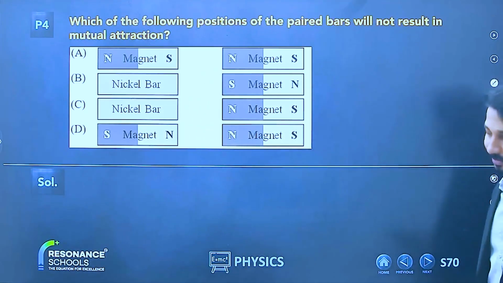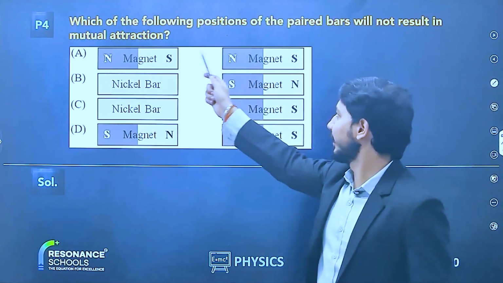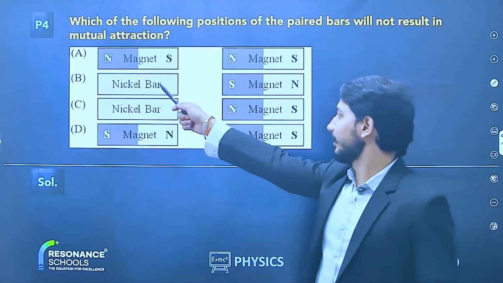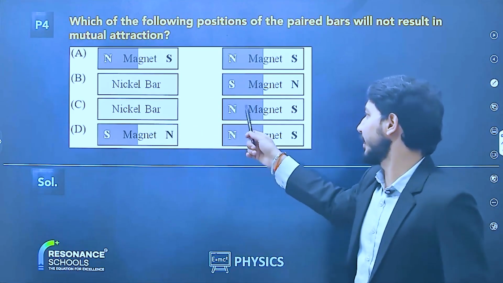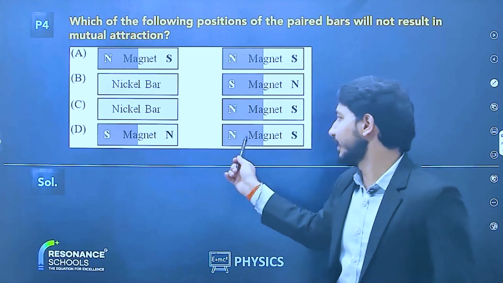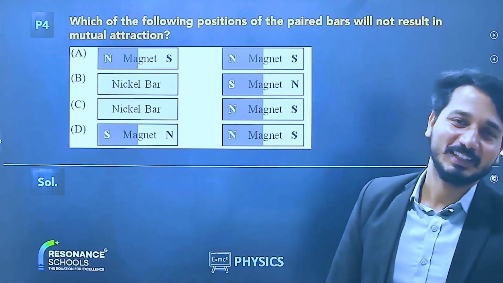Now see the options. Option A is saying it is a magnet, this one is also a magnet, they're north and south, means opposite poles. Second, option B, nickel bar and magnet, south pole. Third, nickel bar and magnet, north pole. Fourth, both are magnets and they're the same poles, north and north.